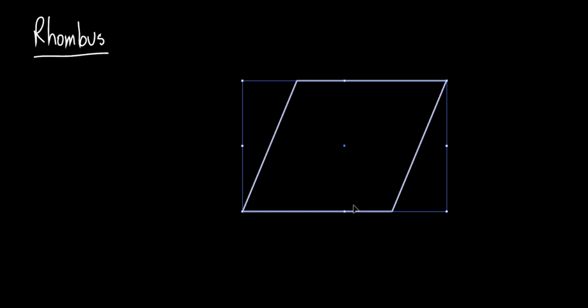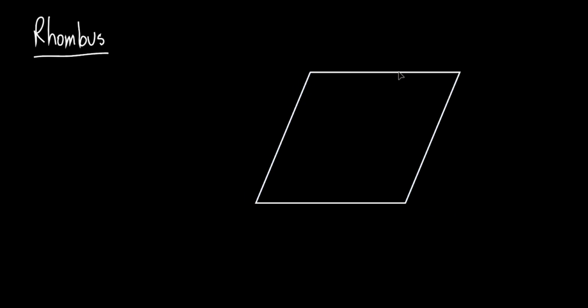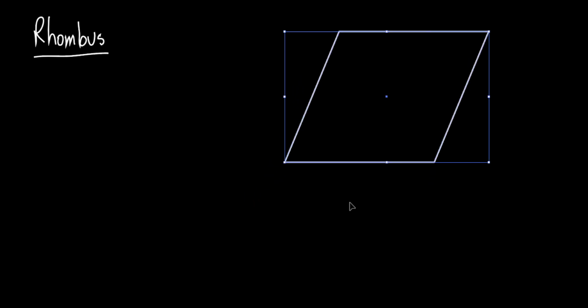So what's true about a rhombus? It's a parallelogram, but a parallelogram with all what? Equal sides, right. Because now the opposite angles would be equal, but not every angle is equal on there. But you do have equal sides. So that's a rhombus.